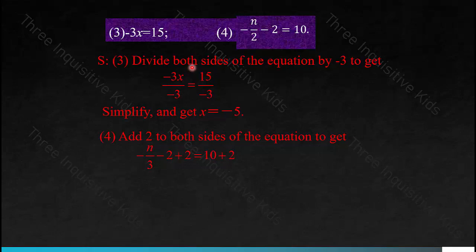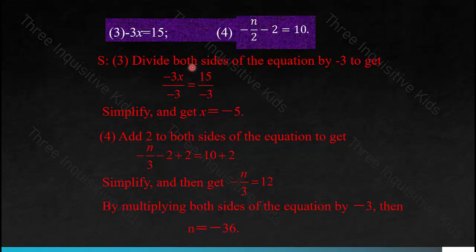So what we do is we add its opposite number to both sides of the equation to eliminate that. After simplification, we have negative n over 3 is equal to 12. Now, in order to get rid of the coefficient of n, which is negative 1/3, we can multiply both sides of the equation by negative 3. So we have n is equal to negative 36.